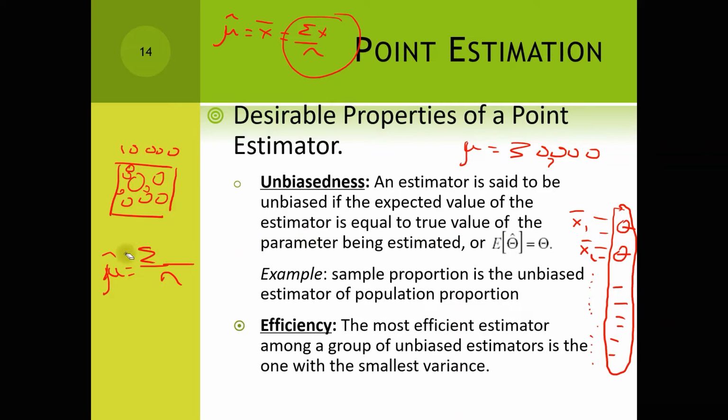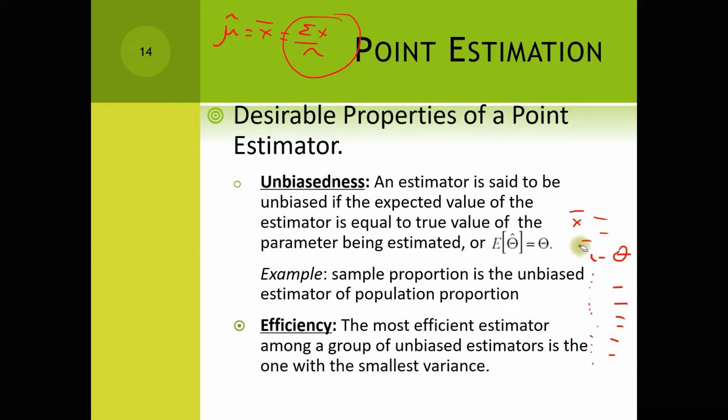But what about mathematically? Intuitively, it kind of makes sense, what I just explained here. But let's try to understand mathematically whether this holds true, whether the mean x bar, that is equal to the sum of x over n, is unbiased. How do we get to know that?